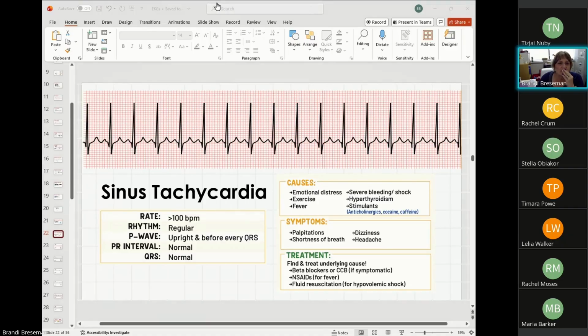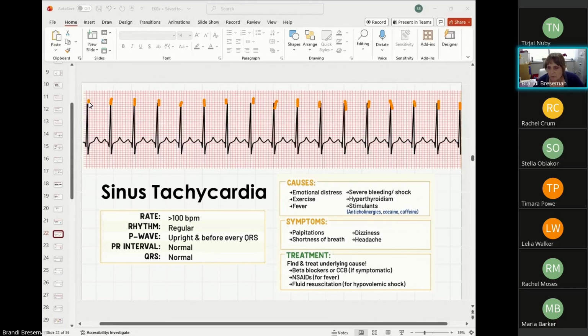So I have 1, 2, 3, 4, 5, 6, 7, 8, 9, 10, 11, 12, 13, 14, 15, 16, 17. Although those are both on the edge. I would probably stick with 16. But so my heart rate's above 100.